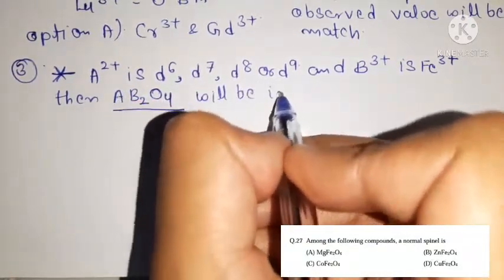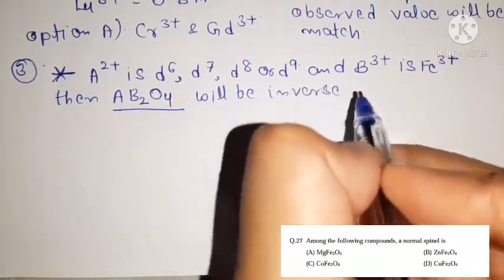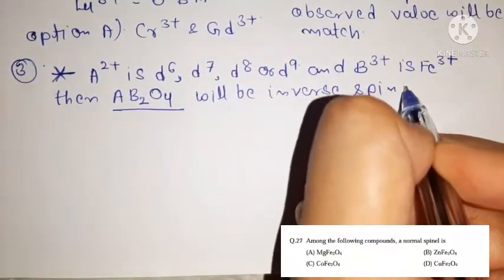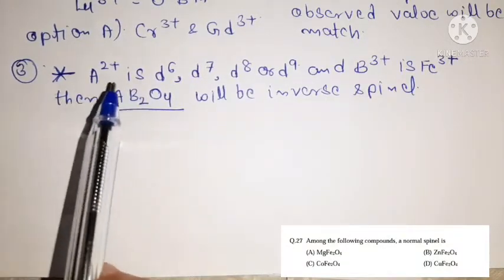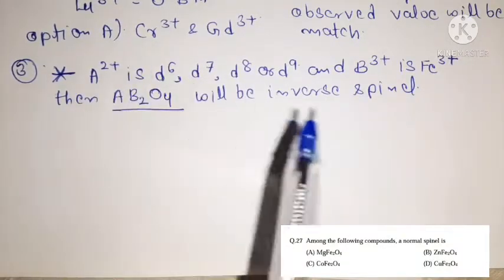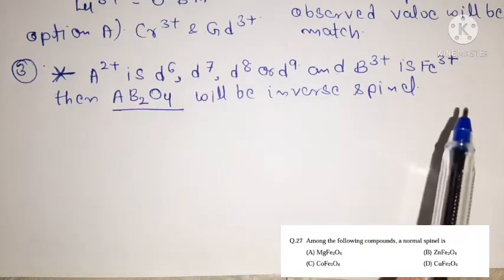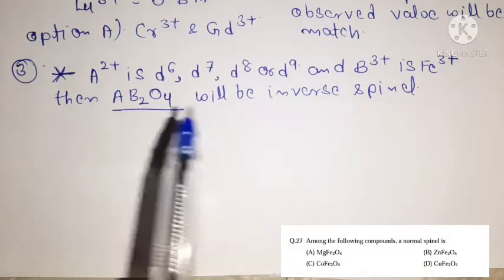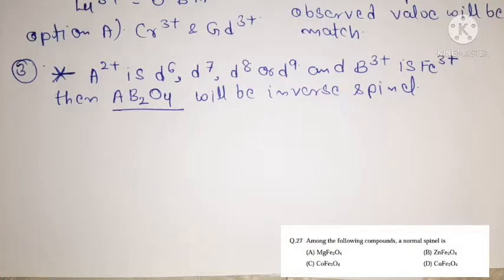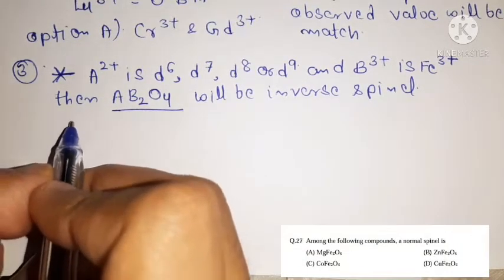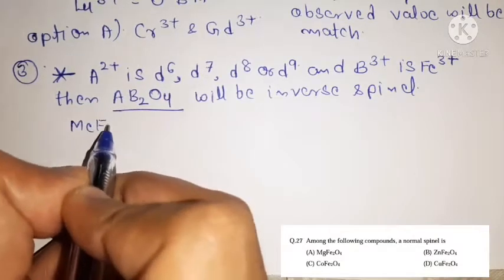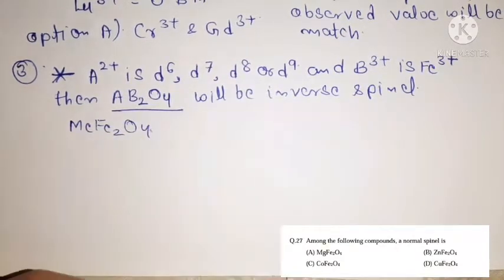Remember friends. In AB2O4, when the divalent cation with electronic configuration is d6 or d7 or d8 or d9 and the trivalent cation is iron 3 plus, then your given compound will be inverse spinel definitely. Okay, this is a short trick also. So in this question we have four compounds. The first one is MgFe2O4.